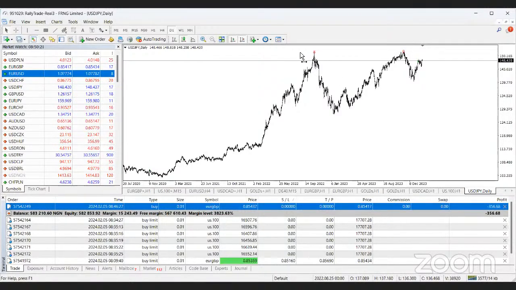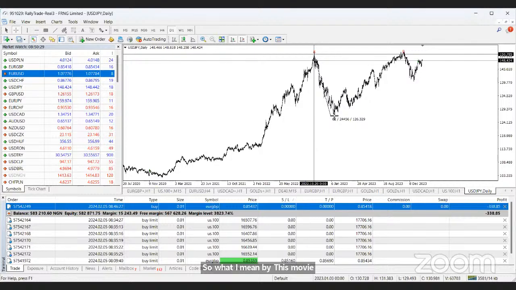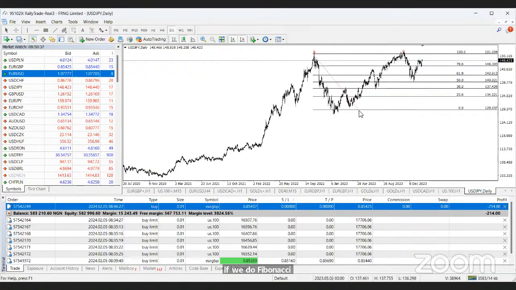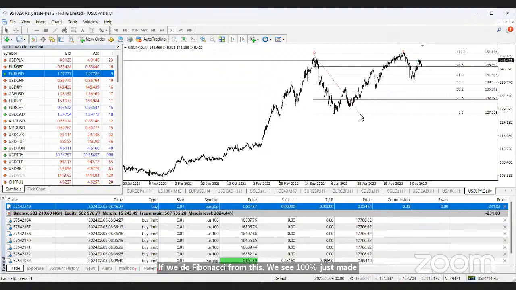So this move retraced 100%, right? What I mean is that this move that came down to this zone retraced 100% back to the previous high. If we do Fibonacci from this level, we see a 100% retracement, right? It's obvious. So now that the price has retraced 100%, what next?